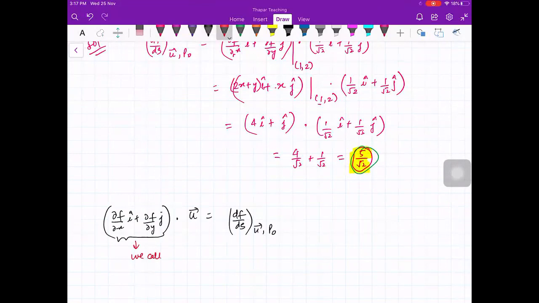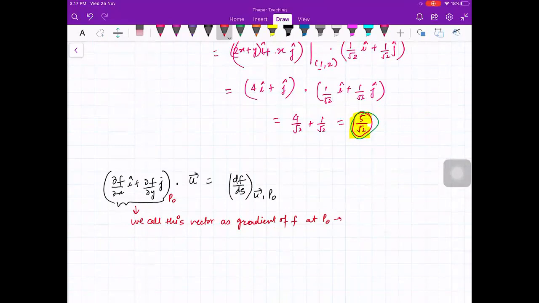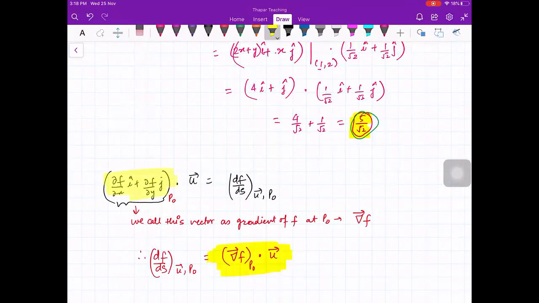We call this vector the gradient of f at p₀, and we denote it by del f. This is the notation. Therefore, the directional derivative will be equal to the gradient of f at p₀ dot product with your unit vector. This is the formula you will see in the books. So this we call the gradient. Is that thing clear?